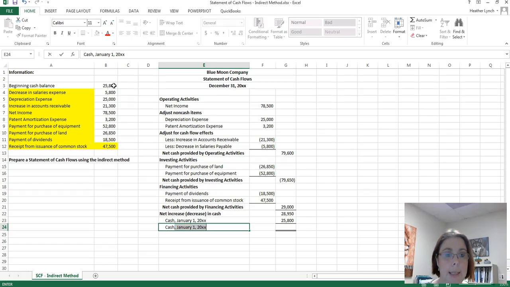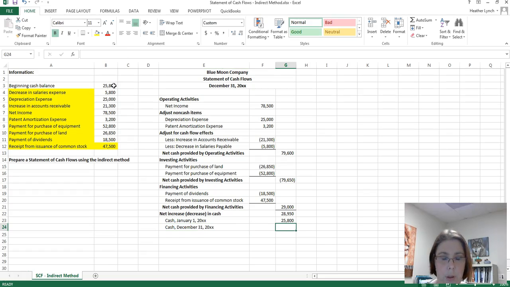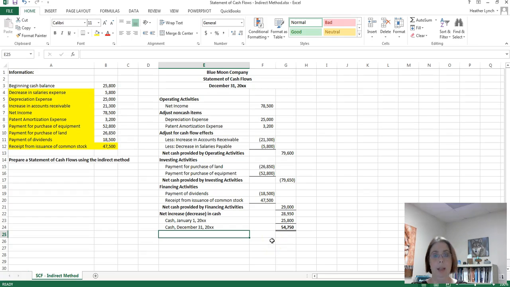What this does is give you cash December 31st, 20XX. We add these together. So we have $54,750 as our cash December 31st, we'll say right now 2016.